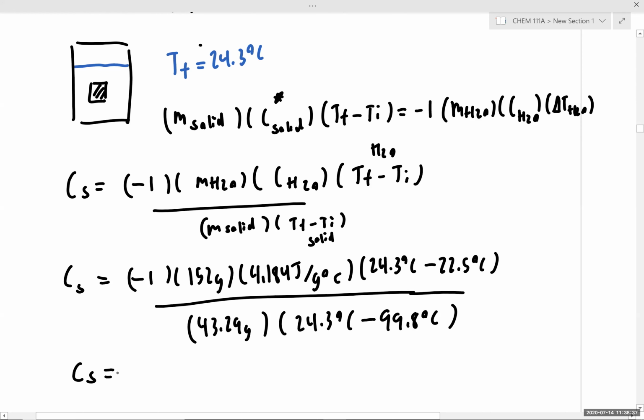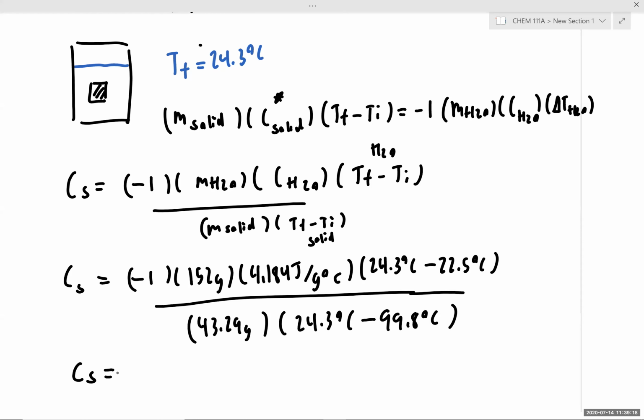So punching this into our calculator, we get 152 times 4.184 times 1.8 over 43.29 over 75.5.